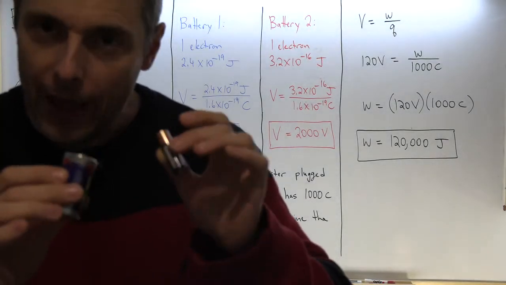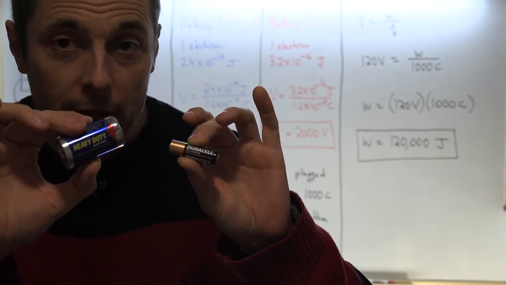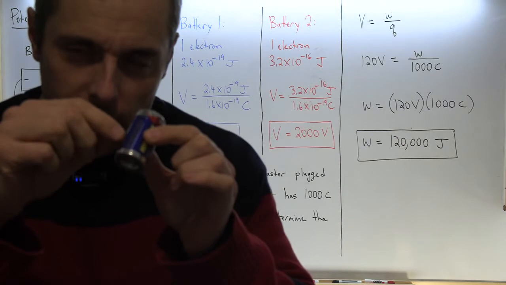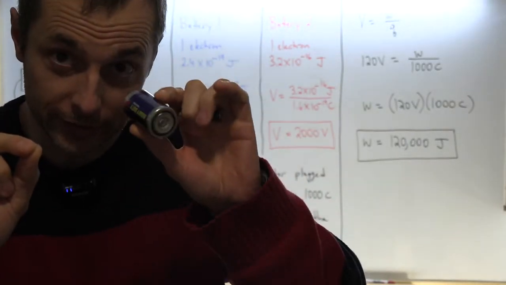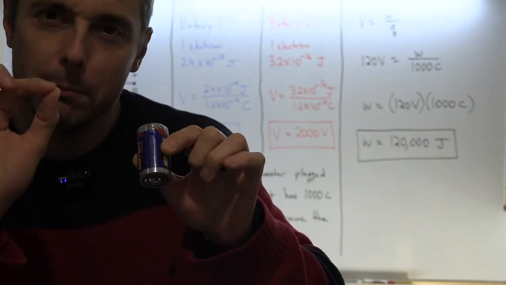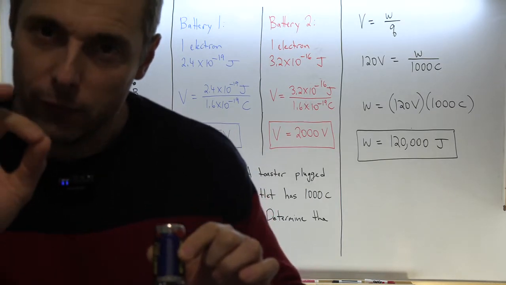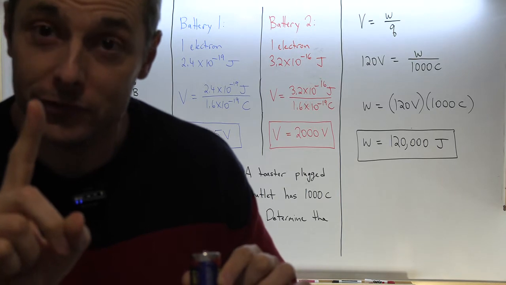Basically that is a result of chemical reactions in these batteries that come from molecules. If I take one single molecule out of here that reacts and creates electricity in this battery, that one single molecule, you can't see it, you can't feel it, the voltage of that one molecule is 1.5 volts.